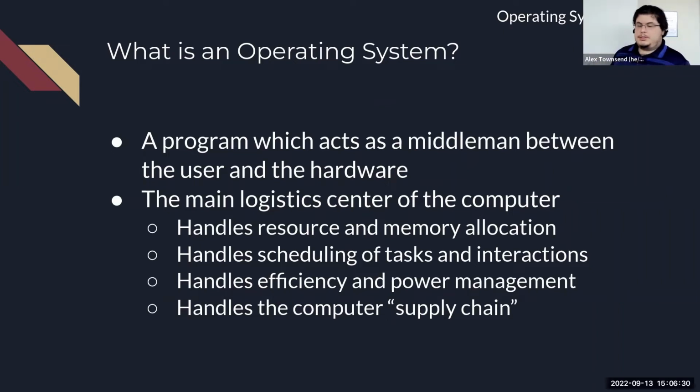It's also the main logistics center of the computer. And by that, I mean it handles resource and memory allocation. It handles scheduling of tasks and interactions, efficiency and power management. If you ever notice, for example, I think Windows does this, sometimes when your battery's getting low, your screen will start to dim down a little bit, and you might get a little battery symbol indication in one of the corners of your screen.